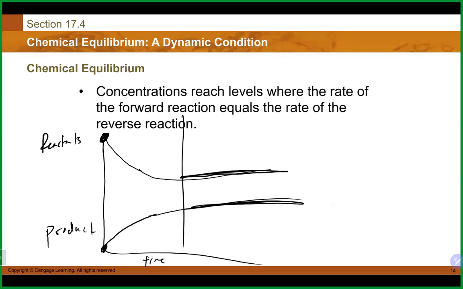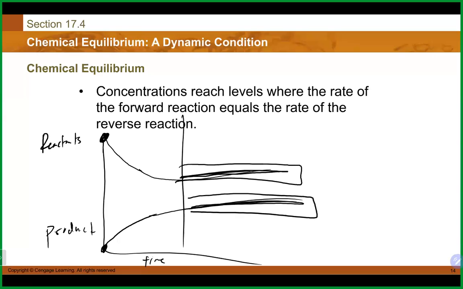There you go. So at some point, they will basically level out their concentrations, and that is when chemical equilibrium has been reached. Again, past that line is coming straight down. These concentrations, if these were perfectly drawn straight lines, they're not really changing. So they have reached equilibrium, and that's because the rate of the forward reaction and the reverse reaction have equaled each other.